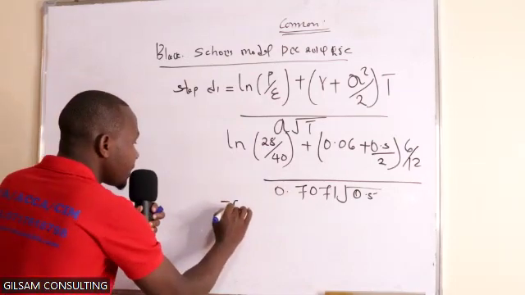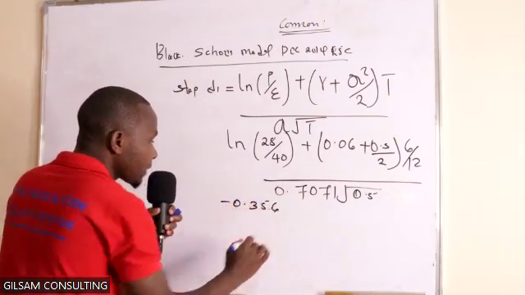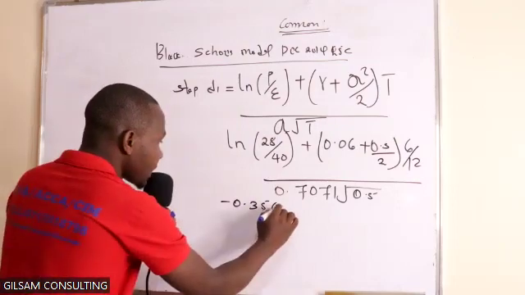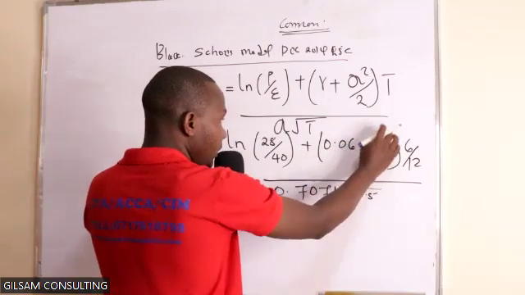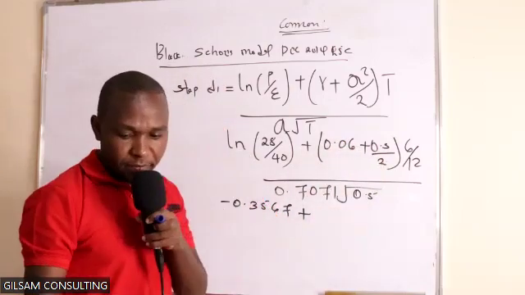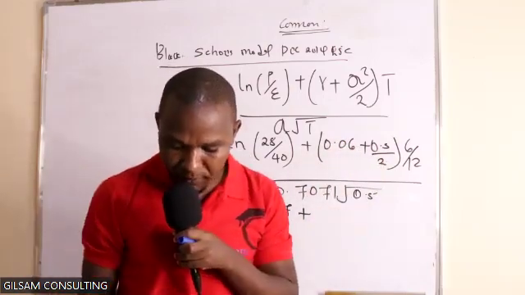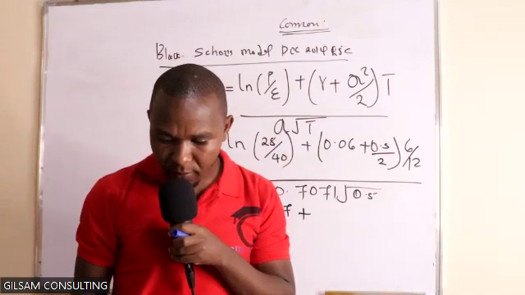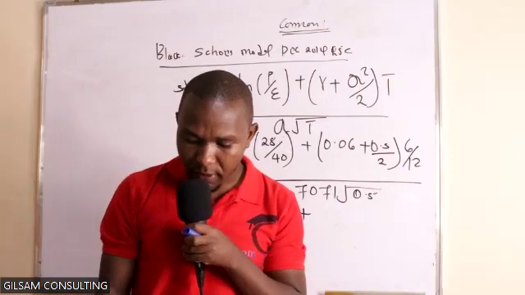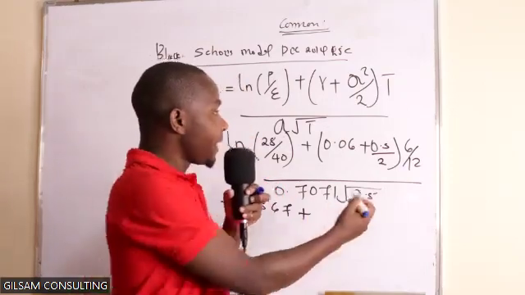So negative 0.3567 plus, we calculate this: 0.5 we divide by 2, plus 0.06, which gives us 0.31, times time.